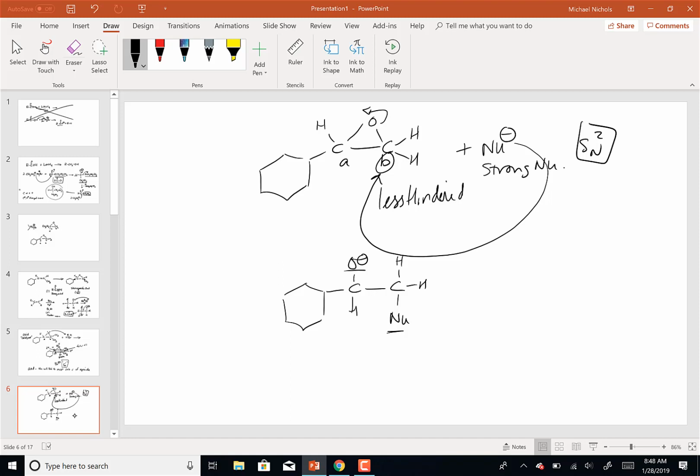All right, I got an O minus. What do I need to do to it? Then H plus H2O to it, so that then I can make my final product, which is having the OH. I've opened up the epoxide with a strong nucleophile, and that strong nucleophile is now added 100% trans to the carbon that is least sterically hindered.